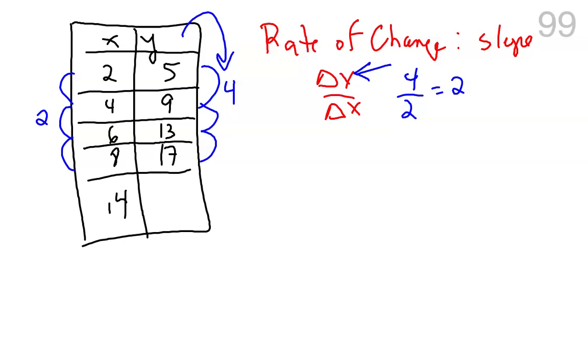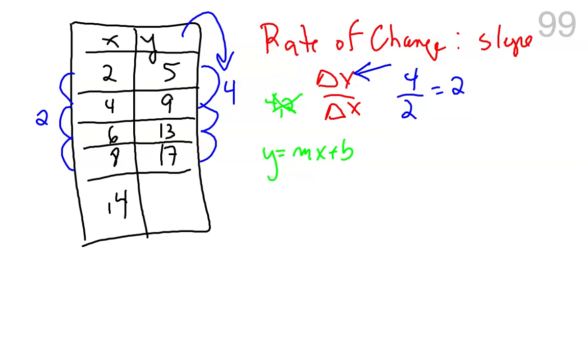The next one says, write the function rule. Function rule is in the format of y equals mx plus b. By the way, some people, for rate of change, wrote it like this. No way. It's always a fraction. Don't forget that. Next, y equals mx plus b.